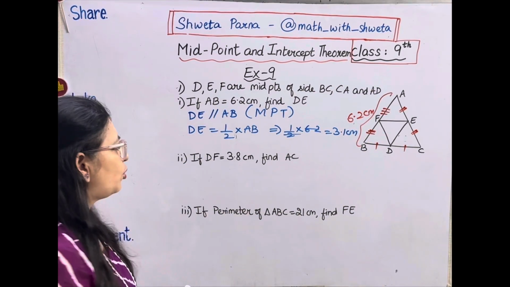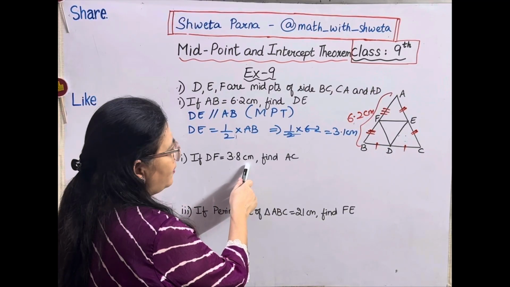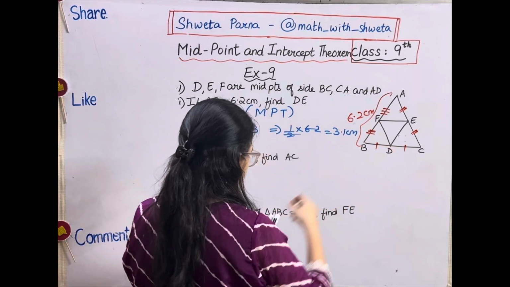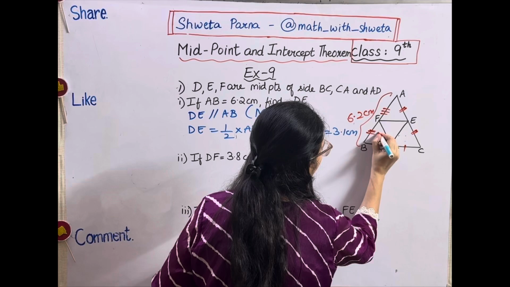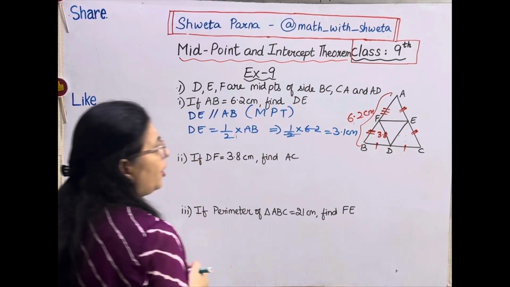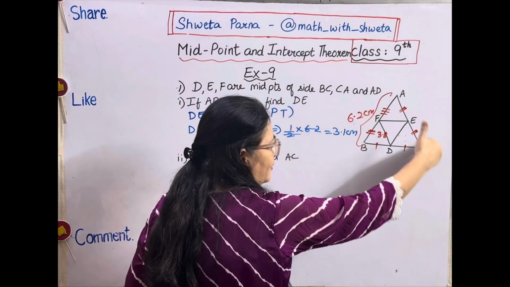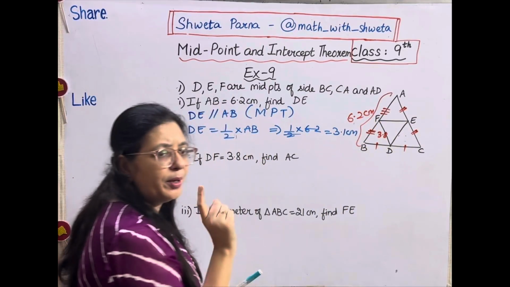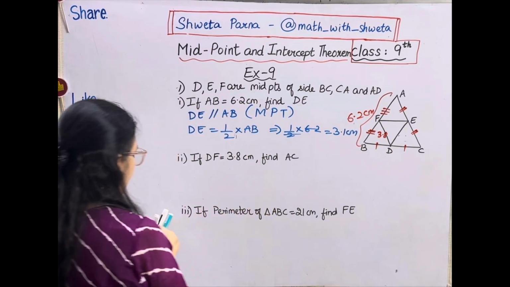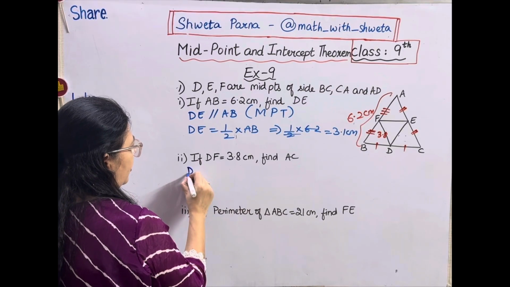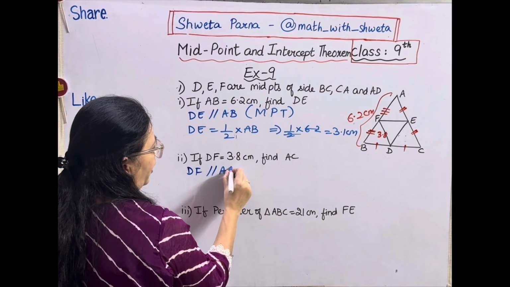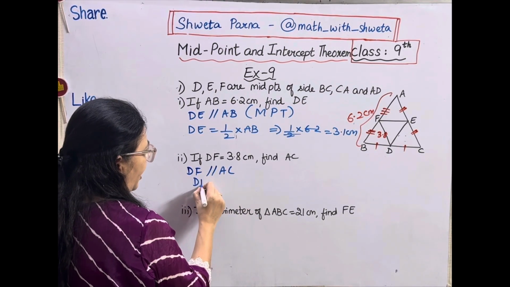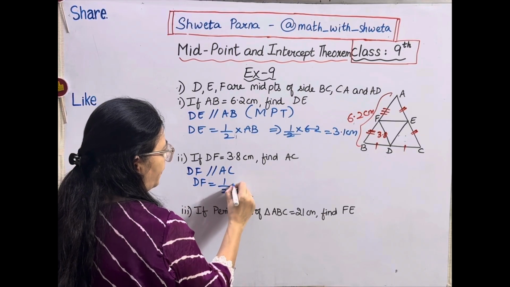Okay. Second sub question. DF is given as 3.8 centimeter. You have to find AC. Now D and F are the midpoints. So that means DF would be parallel to AC and DF would be half of AC.